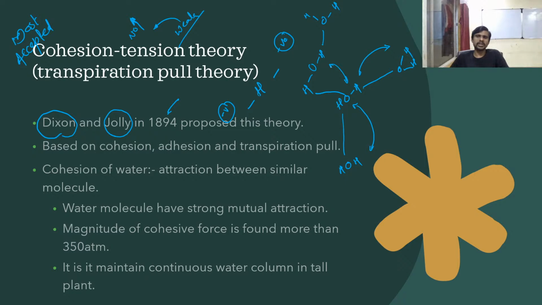Because of that, water shows a strong mutual attraction. This water molecule is strongly attracted toward this molecule, and this is strongly attracted toward this. Because of that, water holds itself in a queue, like this.